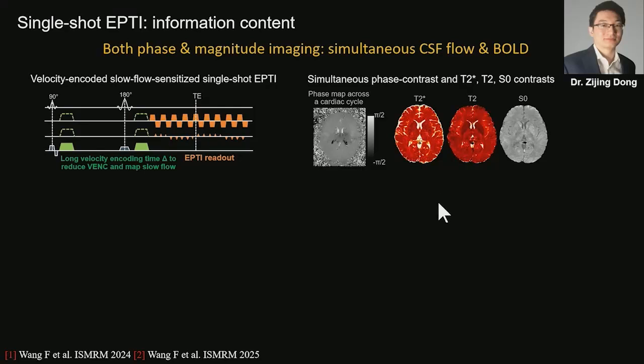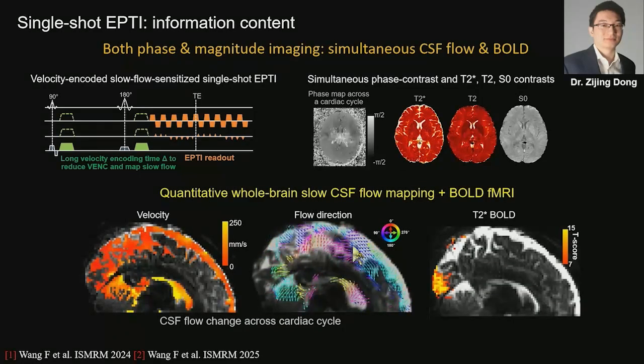And finally, I think this is another good example where we use EPTI readout in a velocity encoded sequence, where you can look at both the phase and the magnitude images. And from the phase, we can get simultaneous CSF flow imaging across the subarachnoid space, as well as the BOLD imaging. And you can look at the spatial temporal dynamics of this slow CSF flow in the subarachnoid space.